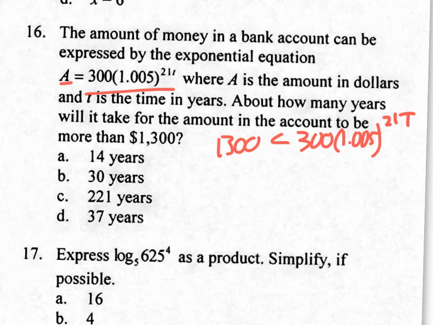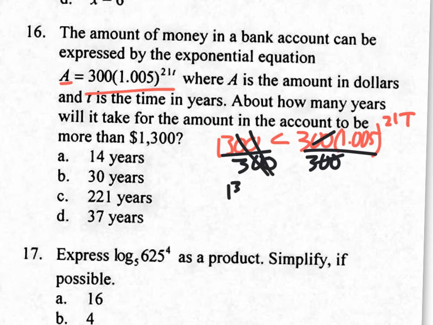So I'm going to take both sides and I'm going to divide by 300. So I could get rid of that 300 and divide by 300. Okay, and the zeros cancel. So I really have 13 divided by 3. I'm going to leave it like that for now. So it's going to be 13 over 3, and it's going to be less than 1.005 to the 21t.